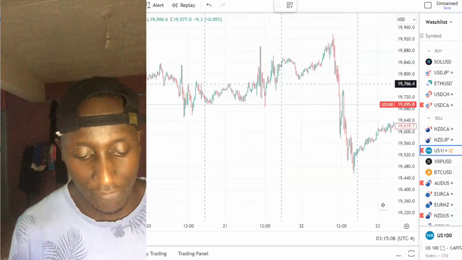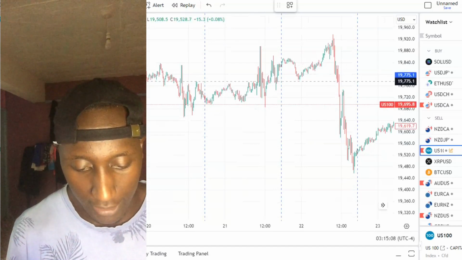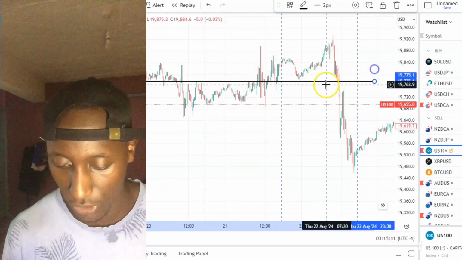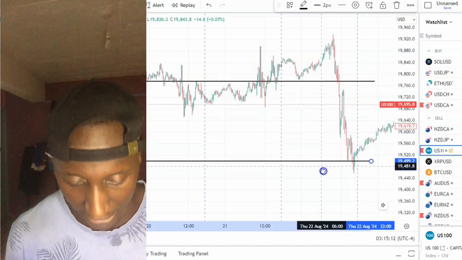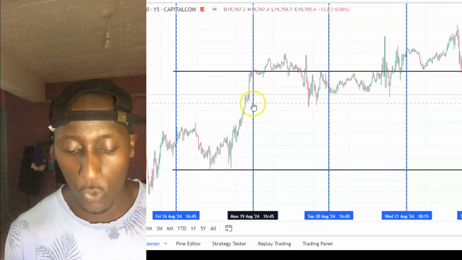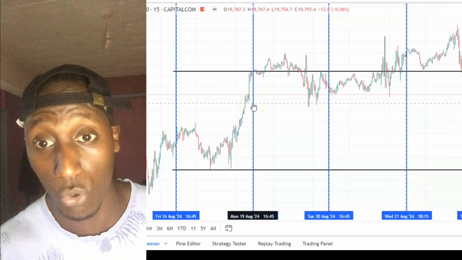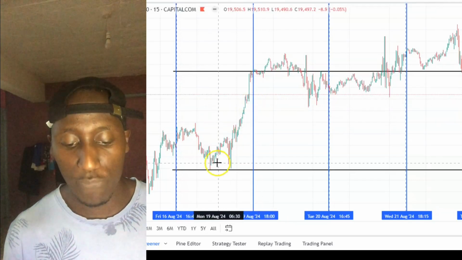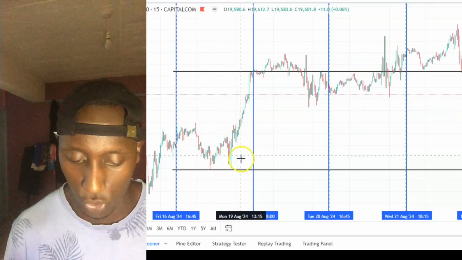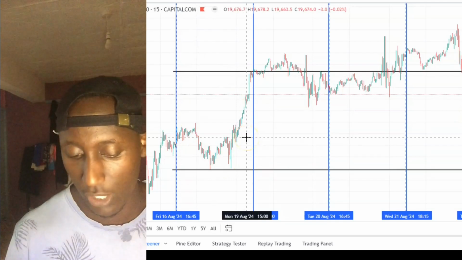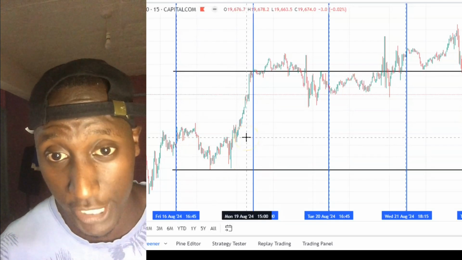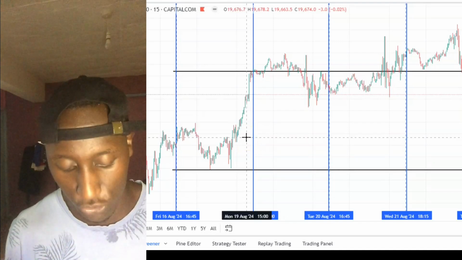If we look at a real life example, we have Monday giving us our consolidation. So it's called the opening range. These lines show us where the day started and where the day ended. So if we look at Monday, Monday gave us this consolidation. Now it does not look like a consolidation, but let's call it consolidation because it's the opening range of the week.